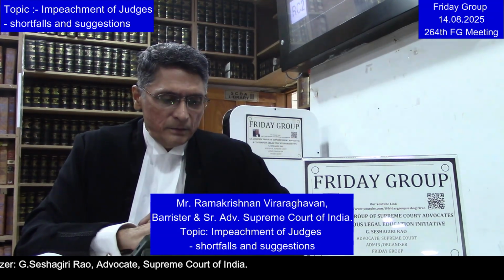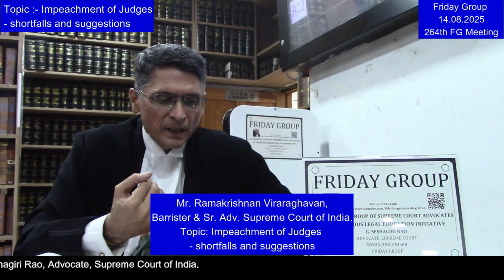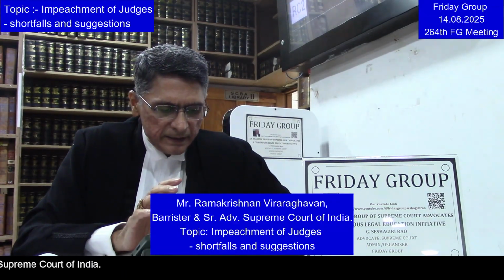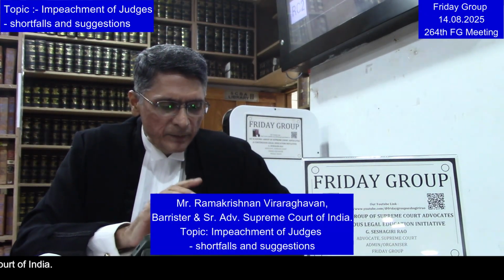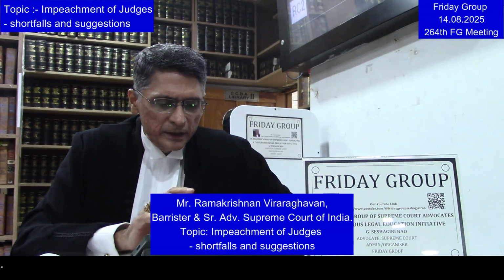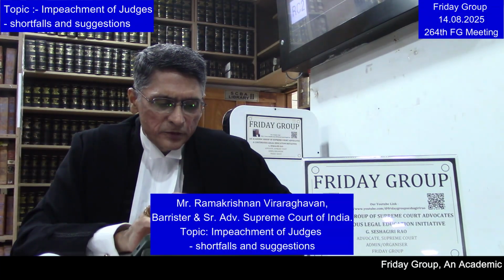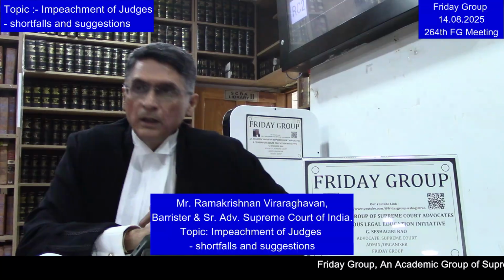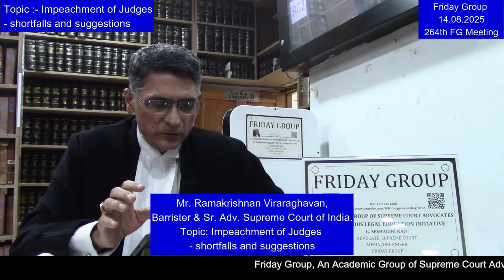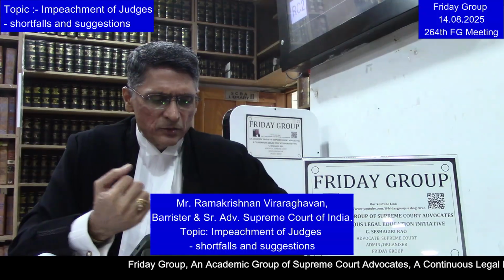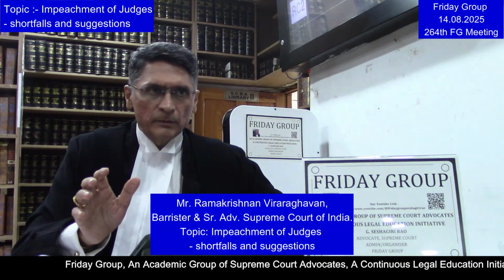The committee followed this procedure, and the judge responded. They conducted the inquiry. The committee said, I am of the opinion misconduct so disclosed is serious, it calls for initiation of proceedings for his removal. Copy of the report was sent to Justice Soumitra Sen, and he was advised to resign, seek voluntary retirement, either way.